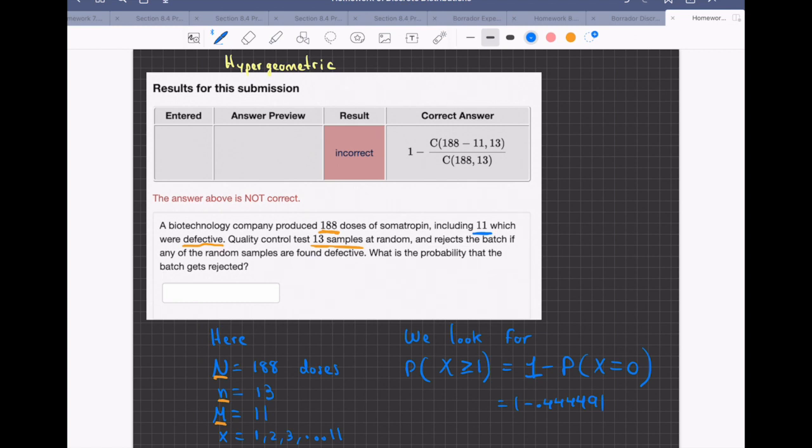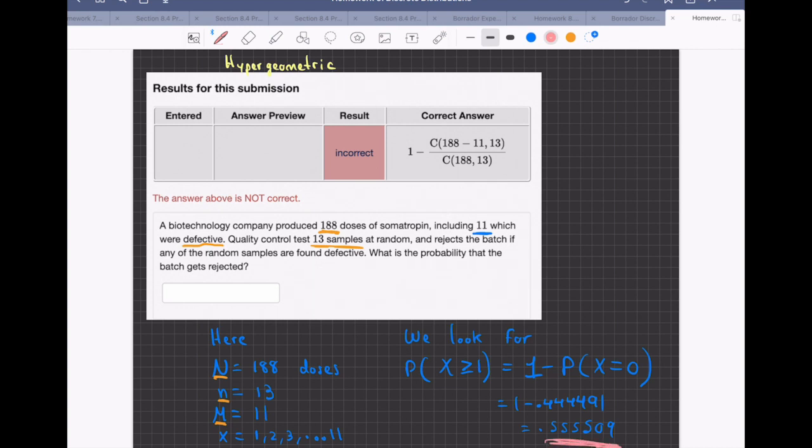I know the answer here is given because they are using the formula. If you compute this, 1 minus 0.444491, the answer is 0.555509.